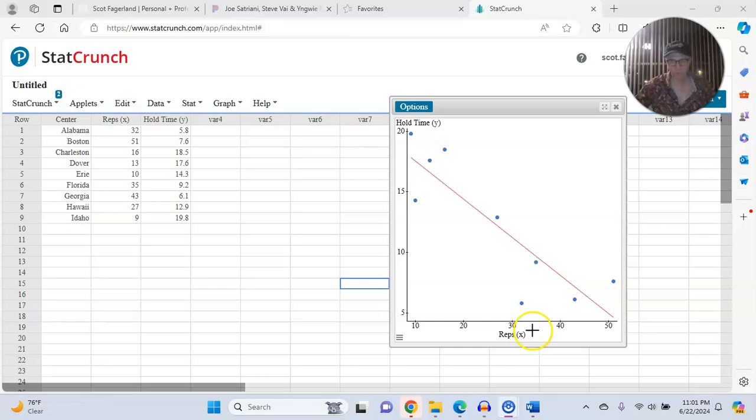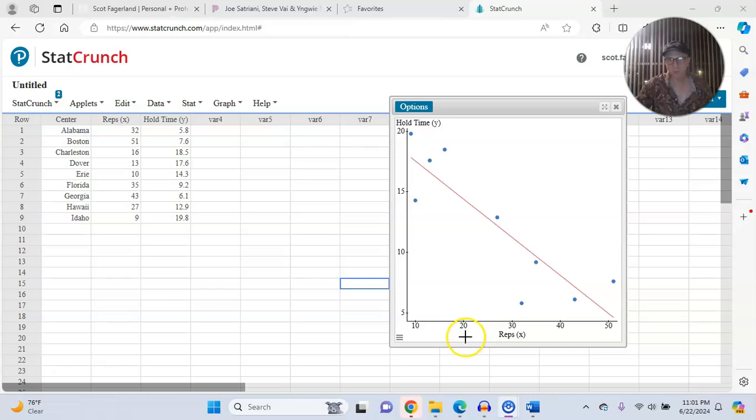So in this case, the number of representatives would be the predictor variable, and it would be used to predict the hold time y, which will now also be referred to as the response variable, because we're going to think about the hold time as being a response to, or depending on, the number of representatives.